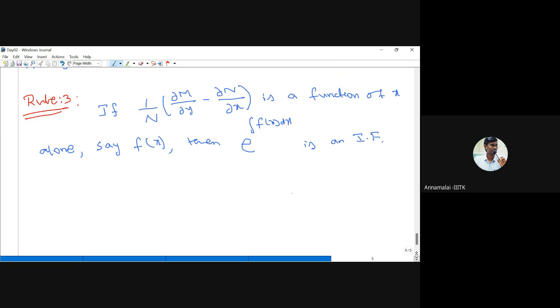Now the final rule. Suppose this is not a function of x, then you have to check another one. Rule 4.